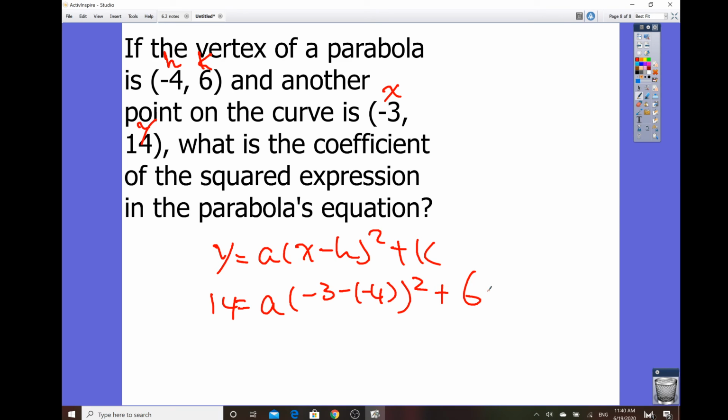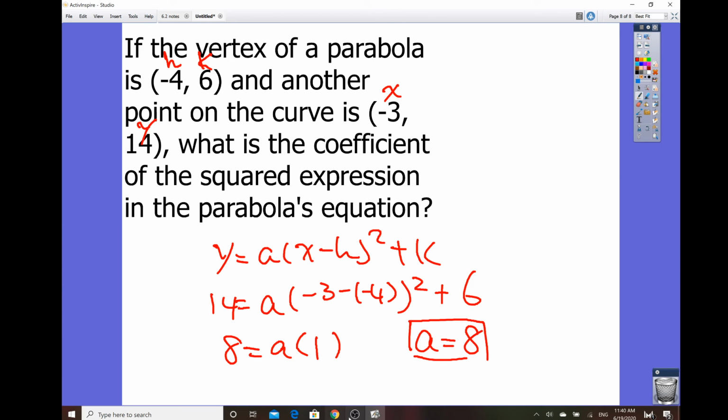And then from here, you want to solve for a. Before you solve for a, you want to get rid of the 6 here. So subtract 6 from both sides. We have 14 minus 6, which is 8. That equals a times the quantity of negative 3 plus 4, which is 1. 1 squared is 1. So solving for a, divided by 1, a equals 8.